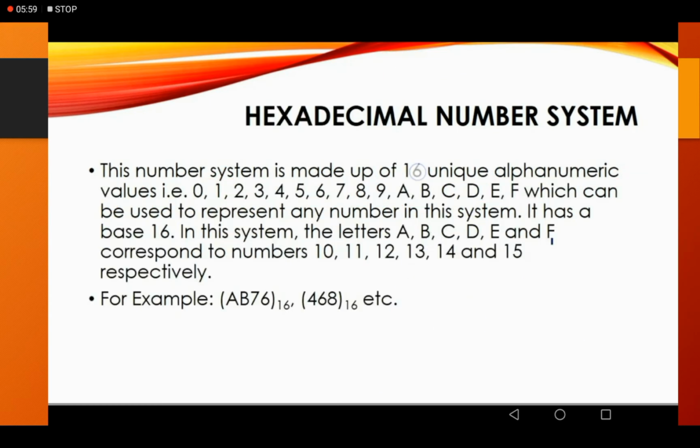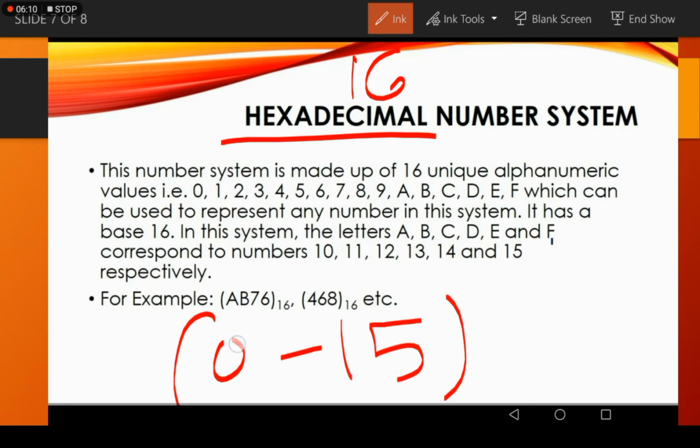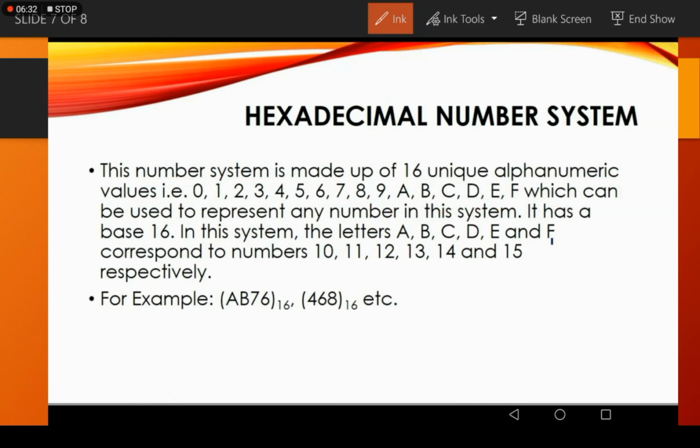Next and last is hexadecimal number system. Hexadecimal number system refers to 16 digits, 0 to 15. But there is an important point: this number system is made up of 16 unique alphanumerical values, means 0, 1, 2, 3, 4, 5, 6, 7, 8, 9, A, B, C, D, E, F. In hexadecimal number system, we use only numbers up to 9.